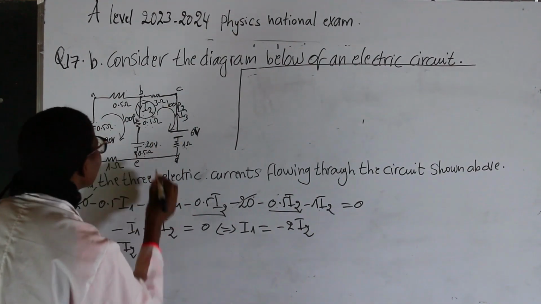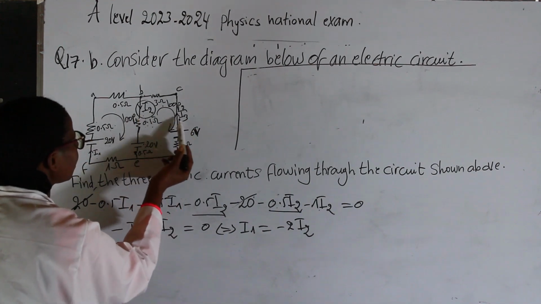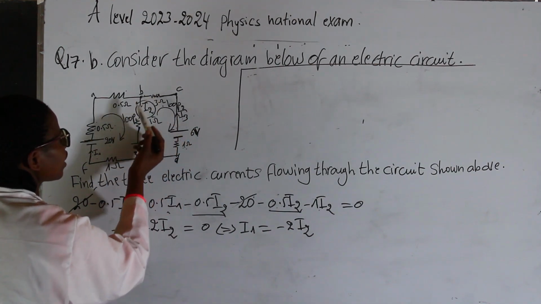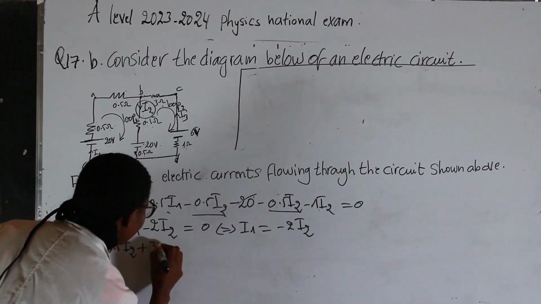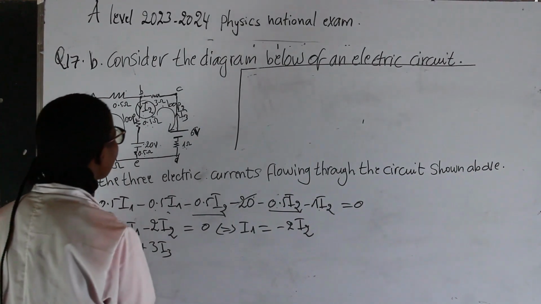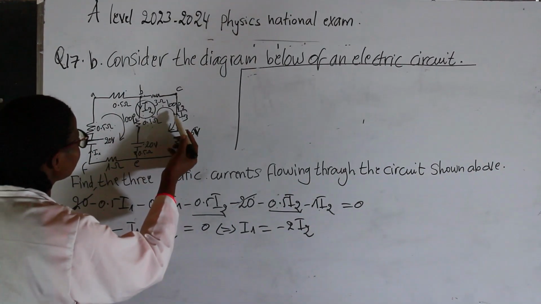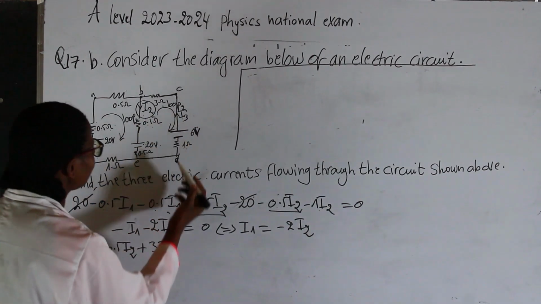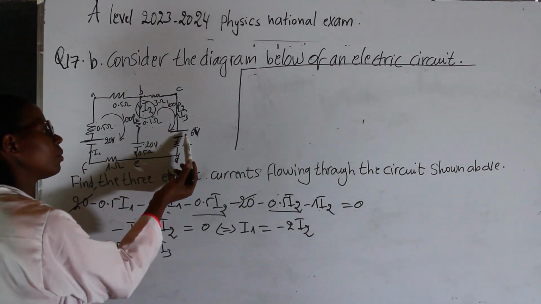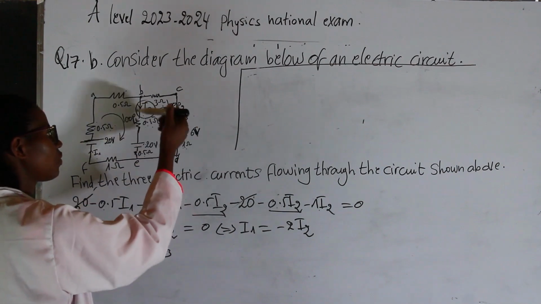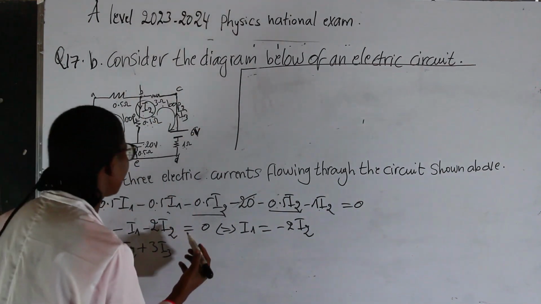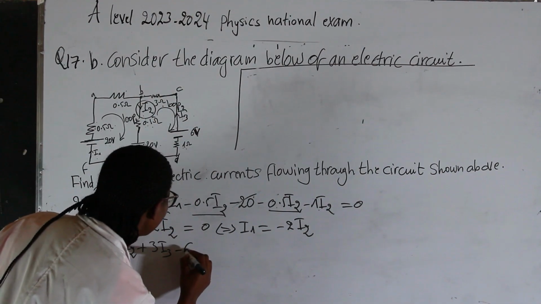Then the current passing in this resistance is I3, so plus 3 I3. Reaching this voltage, it is in the opposite direction to the loop, so minus 6.